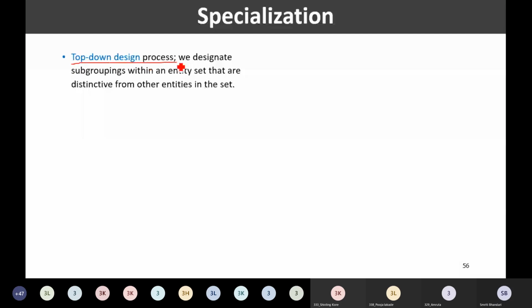So specialization is typically a top-down design process, right? So under specialization, we are designing or will be having some subgroupings, right? So we are having some main group, and under that main category, I am having some subcategories or some groupings, right?